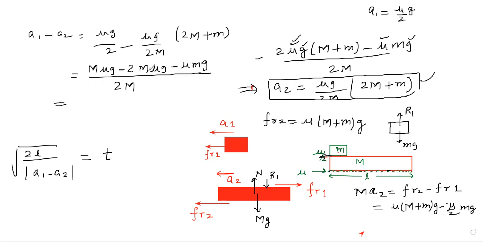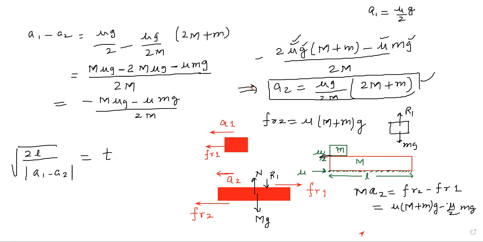Further simplifying, we get minus capital M mu g minus small m mu g divided by 2M. We must take its modulus because both terms are negative.